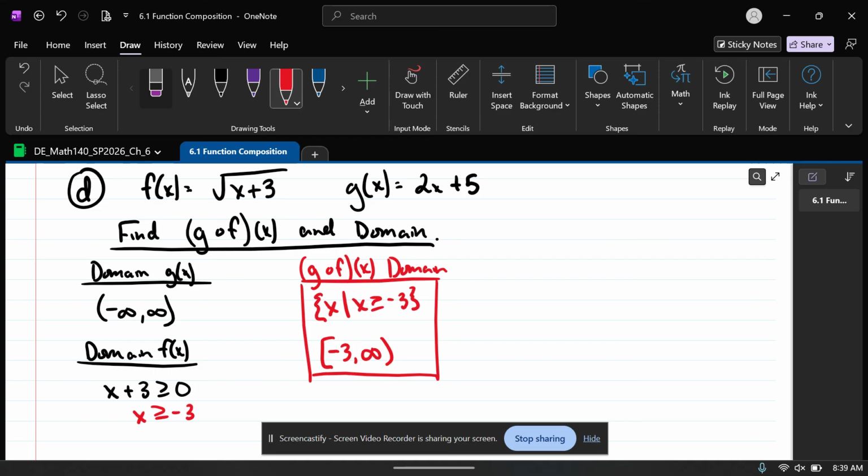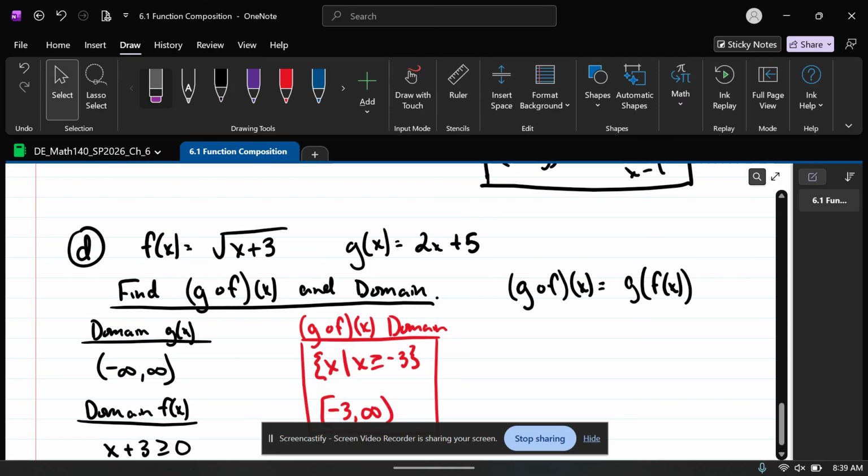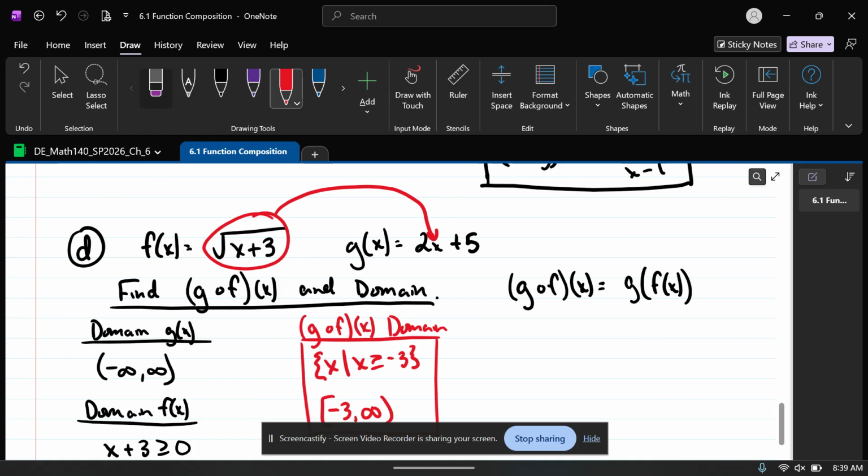So let's go ahead and find that composite function. g composed with f means we're taking the f of x function and putting it into the g of x function. So we're taking this thing and replacing that x. Not a whole lot I can do to simplify that.